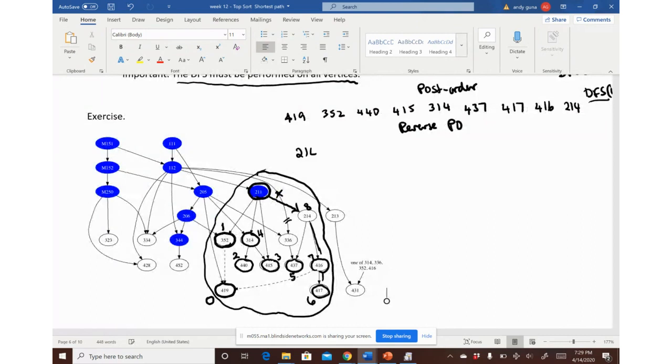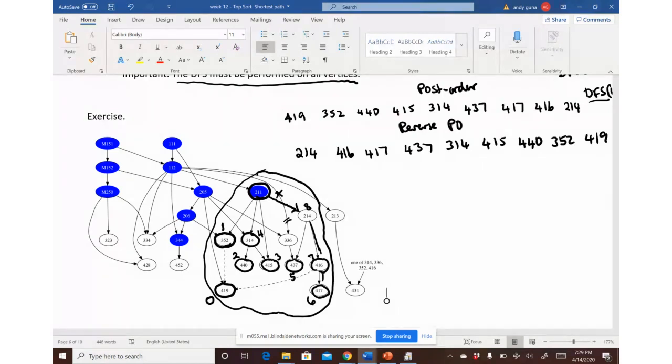214, 416, 417, 437, 314, 415, 440, 352, and 419. Now, we make a claim that we can only go forward in these links.